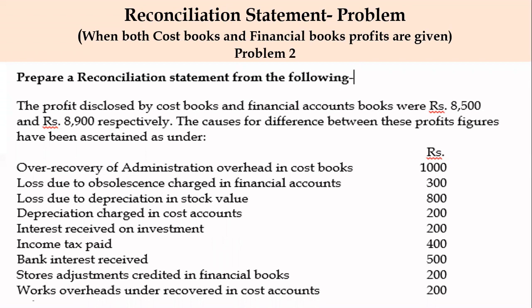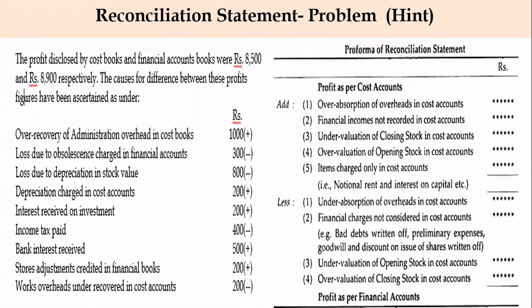And if you take profit as per financial account as base, what items are to be added and deducted are to be identified. It is very important. If one item goes up or down, the whole profit will be different and your answer will be wrong. So let us see the hint here.